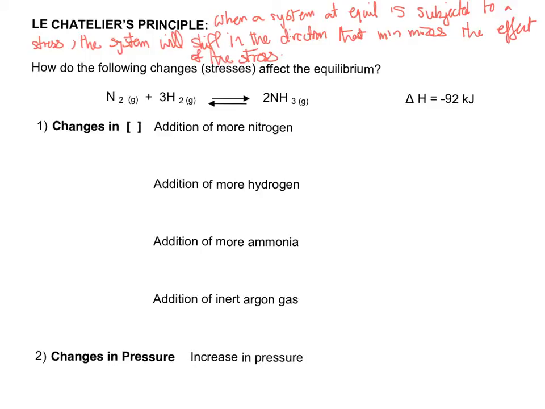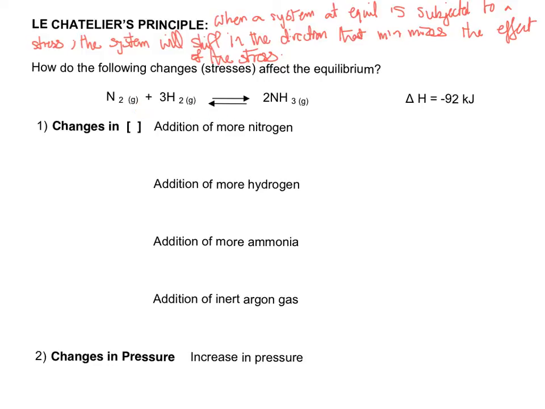If you change conditions, unless it's temperature, the reaction will shift in a way to minimize that stress, and it will reach a new equilibrium position where K does not change, where K remains the same. So let's look at if you add more nitrogen. So you're adding more of this.